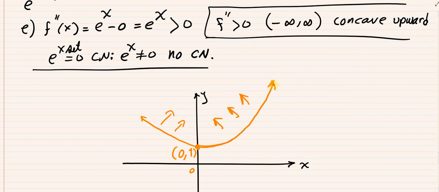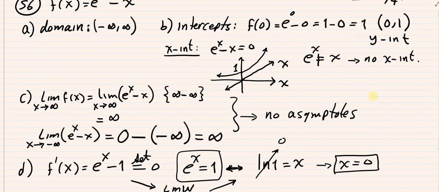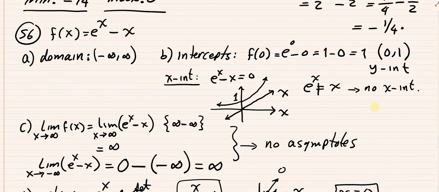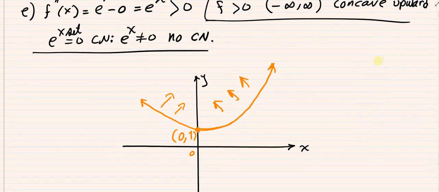The extreme behavior: the function approaches infinity. It's always concave upward, decreasing from negative infinity to 0, increasing from 0 to infinity. That's putting all of this information together for number 56. And with that, we are done with the graph of this function.